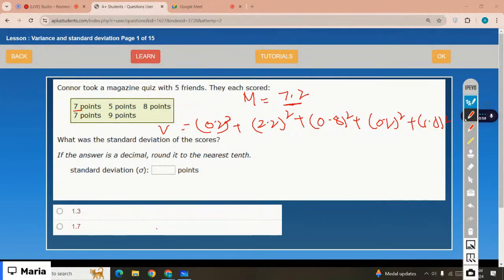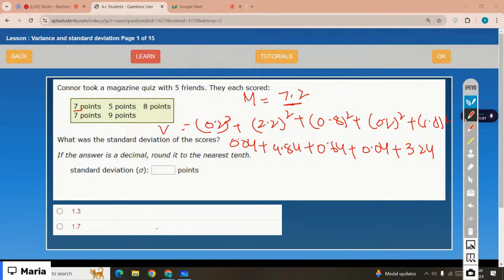0.2 square, that is 0.04. Now 2.2 square, that is 4.84. Then you have 0.8 square, that is 0.64. Then you have again 0.04 and then you have 1.8 square, that is 3.24.